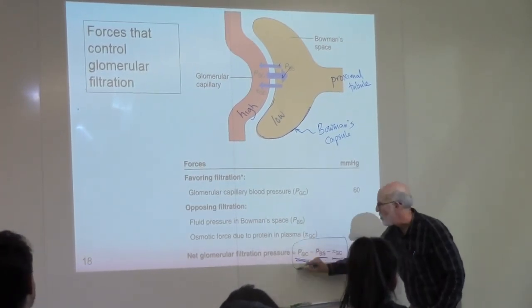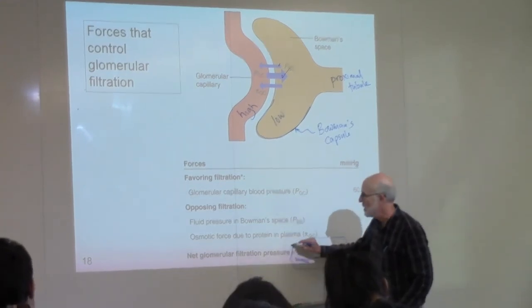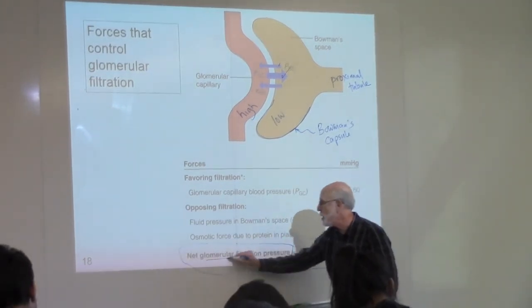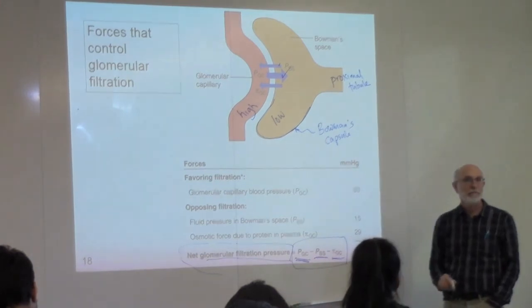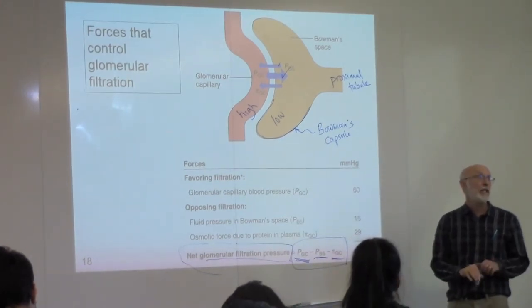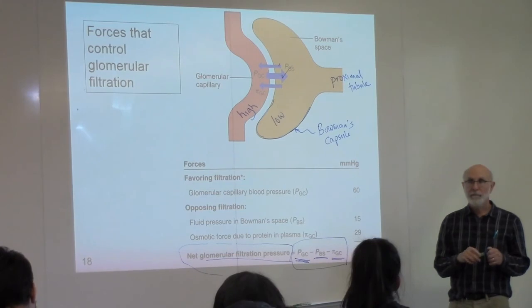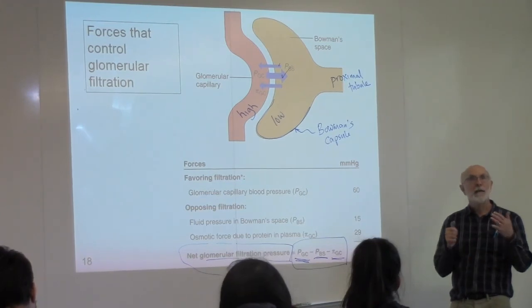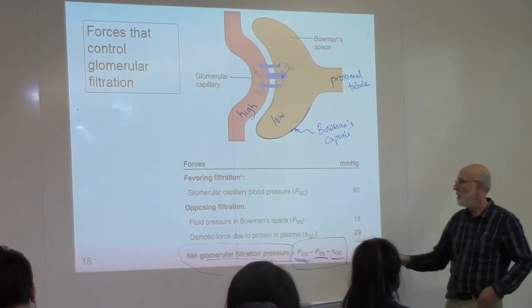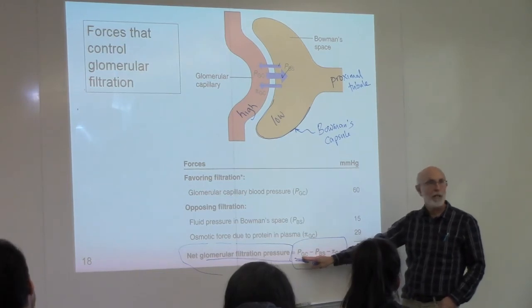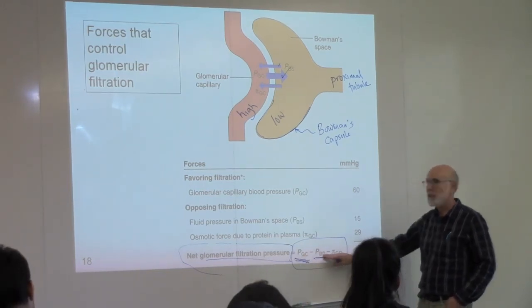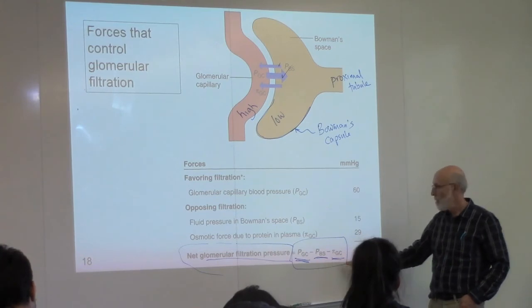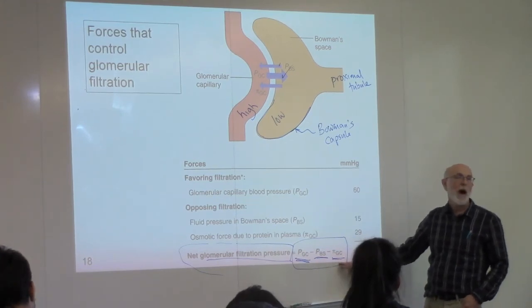This is the term that generates glomerular filtration pressure, which is the force that generates filtration. Net filtration pressure is blood pressure minus Bowman space pressure minus osmotic pressure.